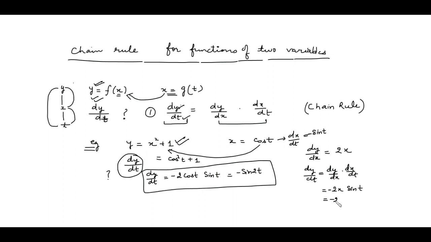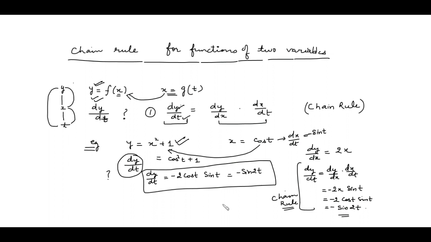Now we can substitute the value of x, this is cos t, and we can convert this complete function in t. So this is minus sin 2t. So this is the chain rule.